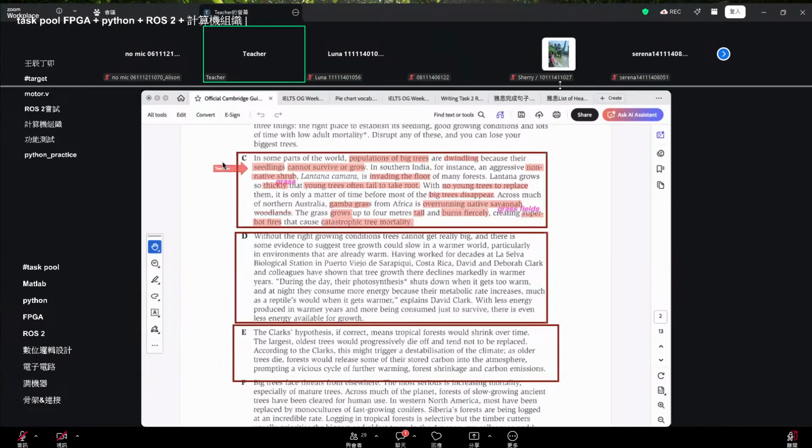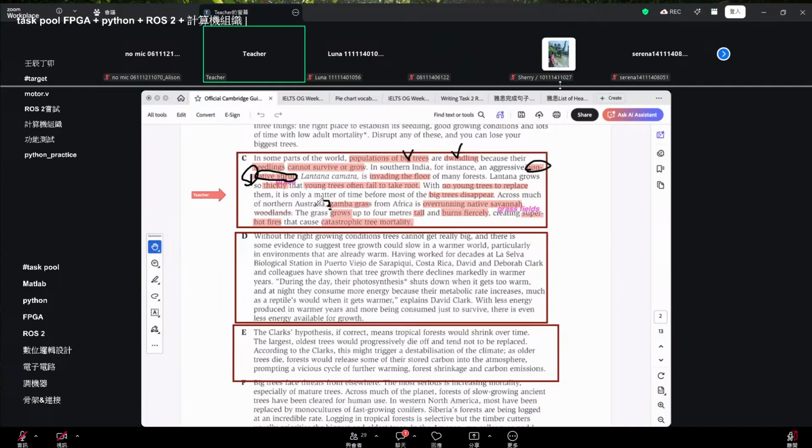Now, if we were to talk about these, obviously we learned something. The first was referring to the reason why those big trees are decreasing in number. First, non-native, remember, alien species called the Lantana camara, and it sounds like camera.